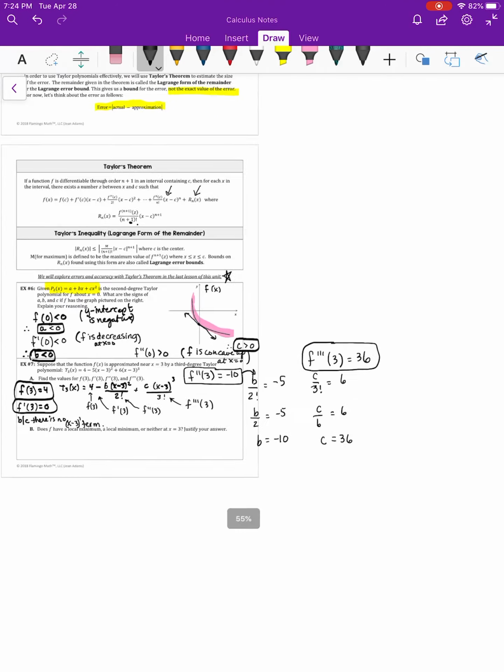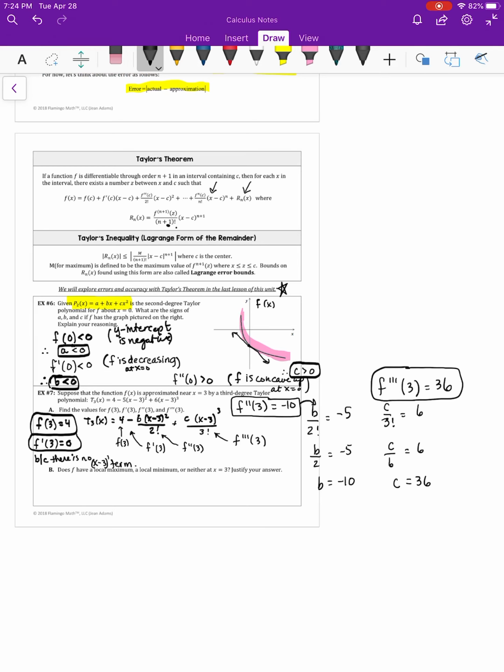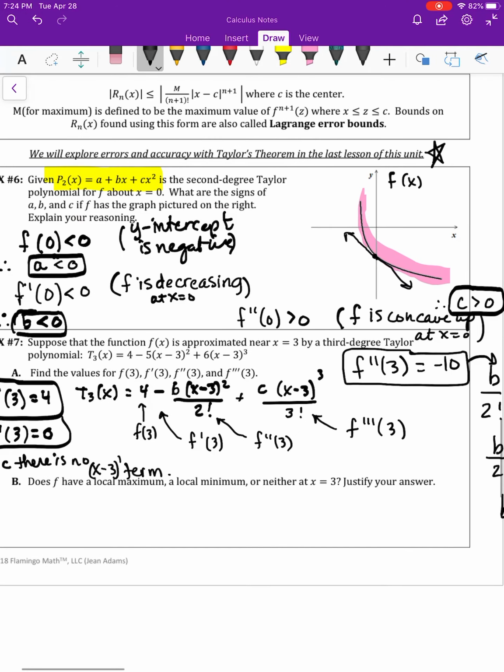So what ended up happening there when they went to create that Taylor polynomial, when they put negative 10 in divided by 2 factorial, it became negative 5. And when they put 36 in divided by 3 factorial, it became positive 6.